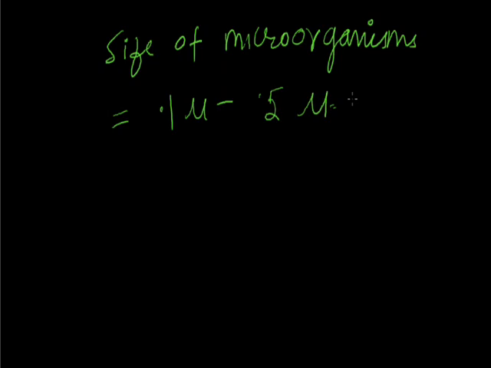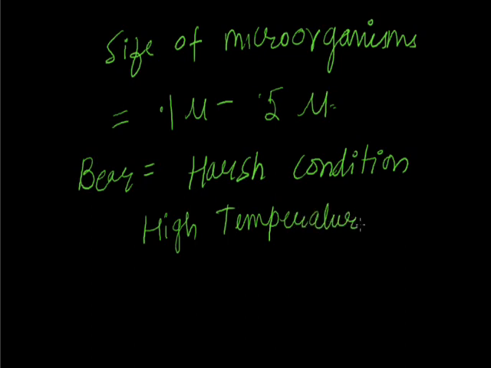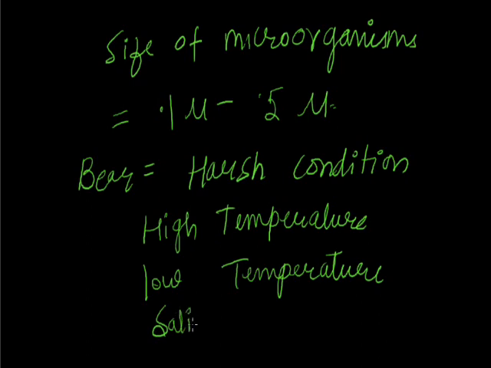That is the range of microorganisms, and they can tolerate very harsh conditions: very high temperature, very cold temperature, meaning very low temperature. They can be present in saline conditions.